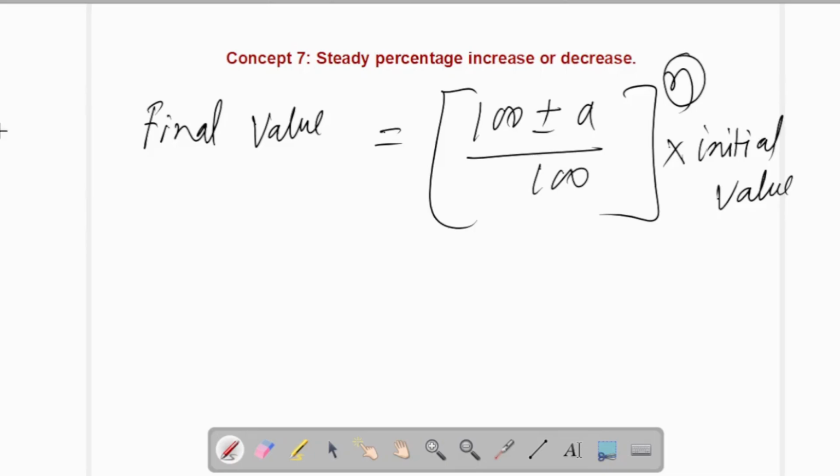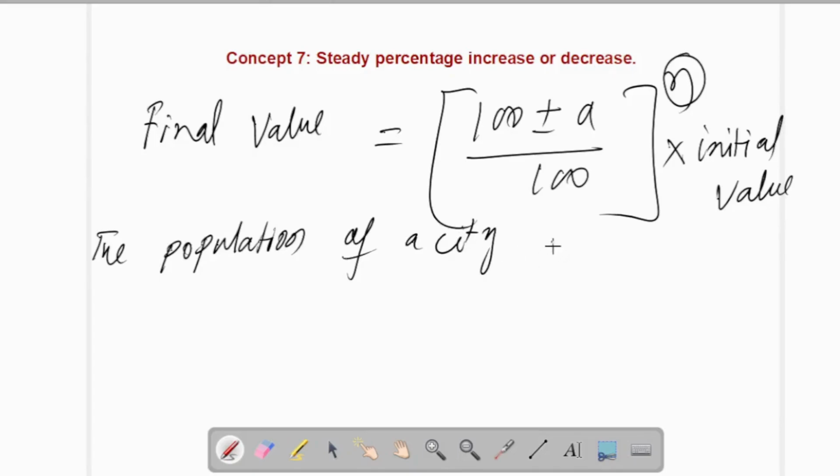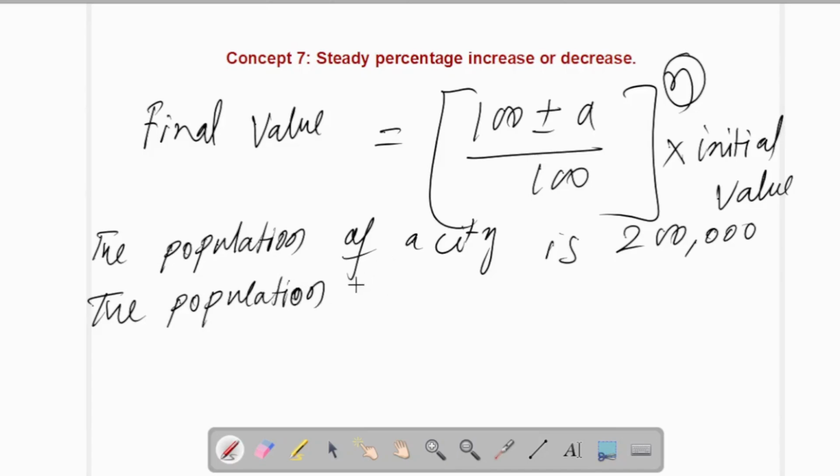Now n is the number of times the percentage changes occur. Now take an example. The population of a city is 2 lakhs. The population increases by 10% every year.